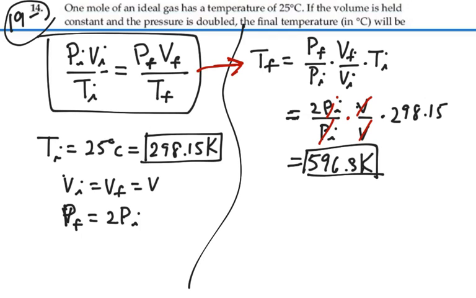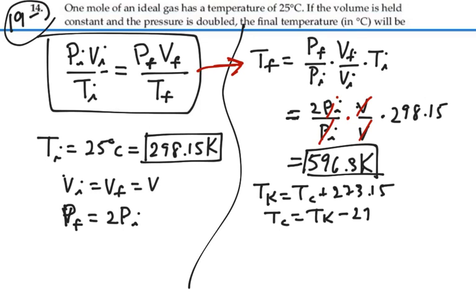But we know that the temperature in Kelvin is equal to the temperature in Celsius plus 273.15. So our temperature in Celsius is going to equal our temperature in Kelvin minus 273.15.